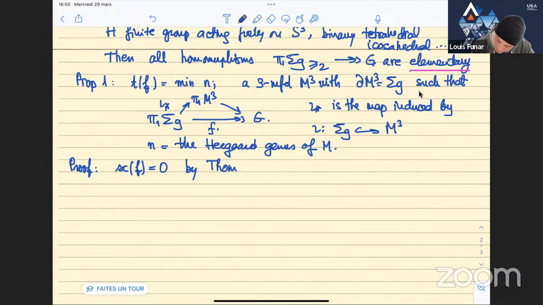this F is induced from a map F from sigma G into the classifying space BG, and which is bordant, null bordant, meaning so F star is F in homotopy, and F extends to a free manifold.